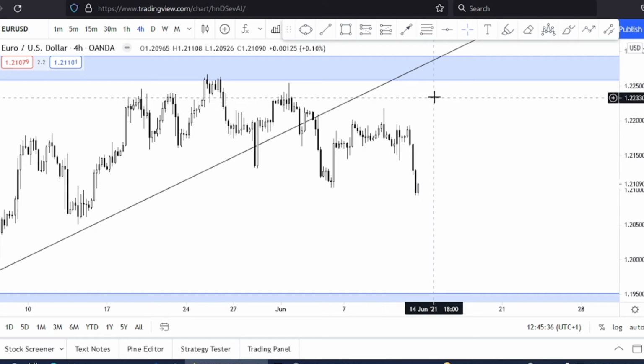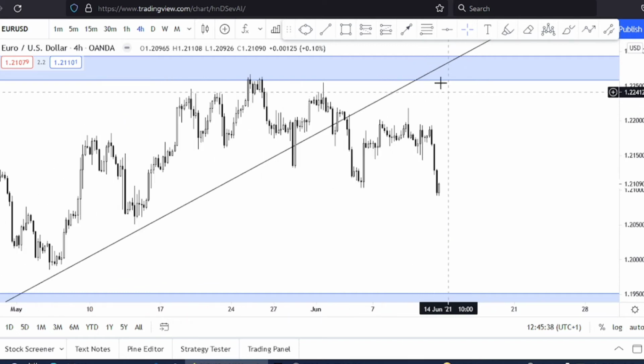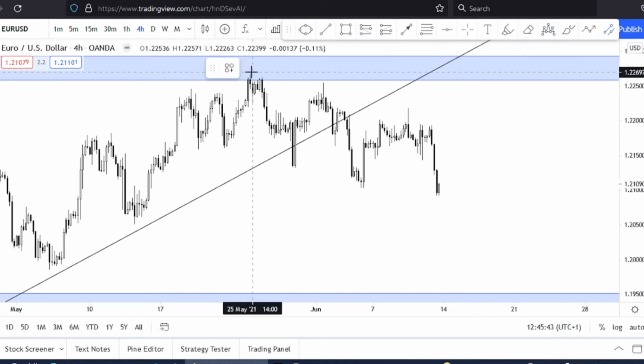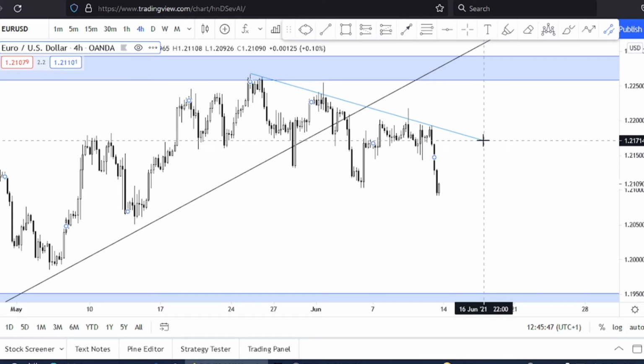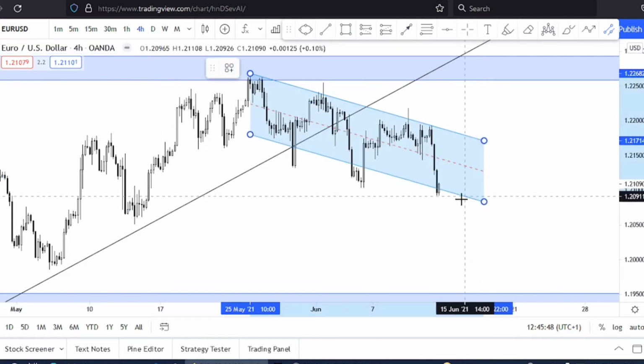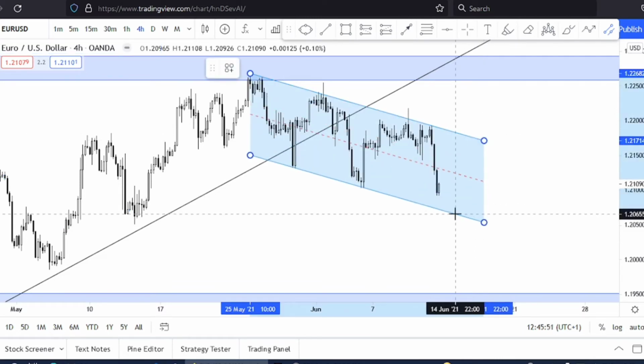If you look at the 4 hour, we can draw a descending channel quite easily, down to this level over here.